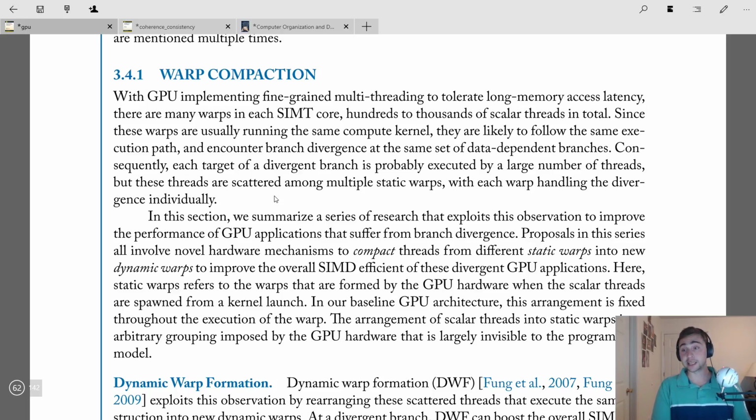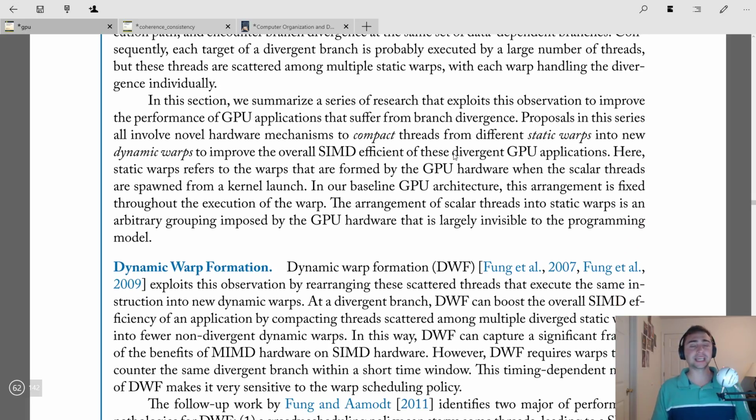If all the warps in an SM are diverged, with half of every single warp going one direction, then potentially you could rearrange these threads so that half the warps go one direction and half the warps go another direction. That's the key idea, or the key thing we're trying to notice here.